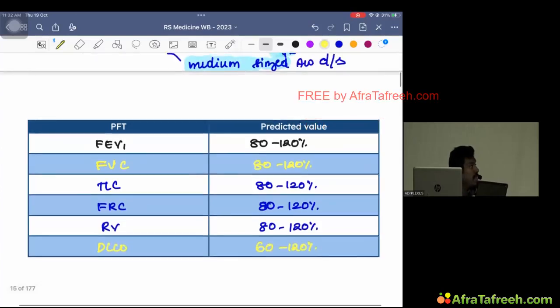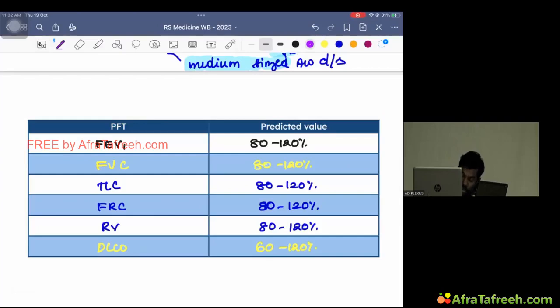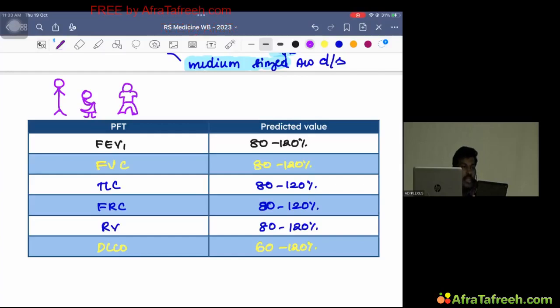Why are all these given in percentage? If three patients come to you, one from West Indies, another from Japan, another male from Russia, will all their lungs be the same, with the same lung volume or size?